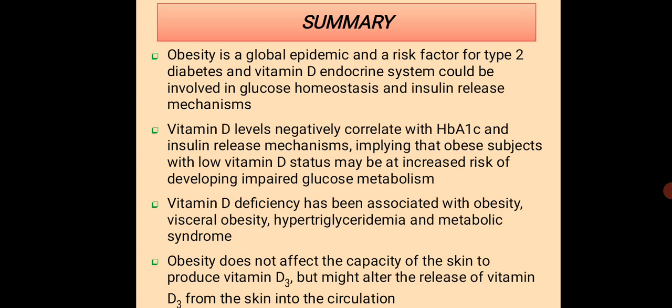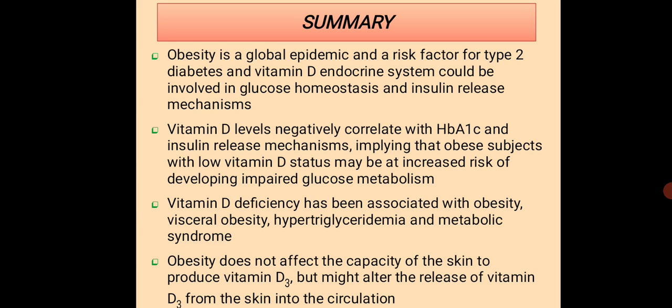So there are multiple chances of diabetes from obesity if vitamin D level is not corrected. Vitamin D deficiency has been associated with obesity, visceral obesity, hypertriglyceridemia, and metabolic syndrome. These are also symptoms of vitamin D deficiency.